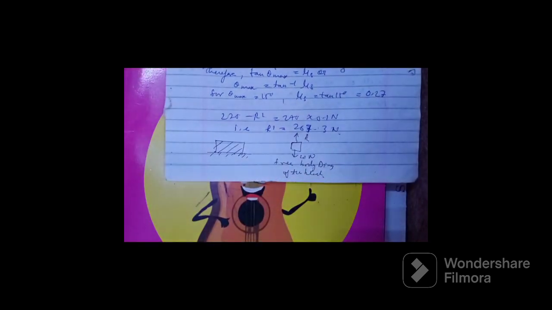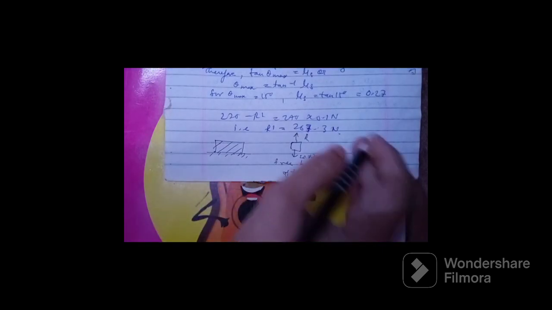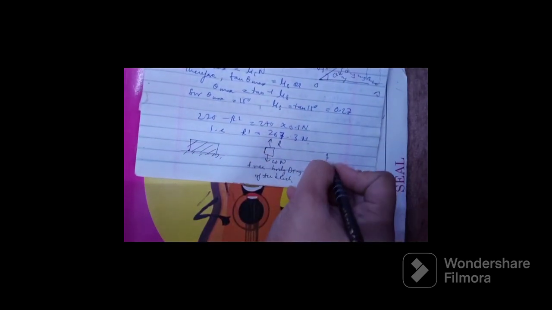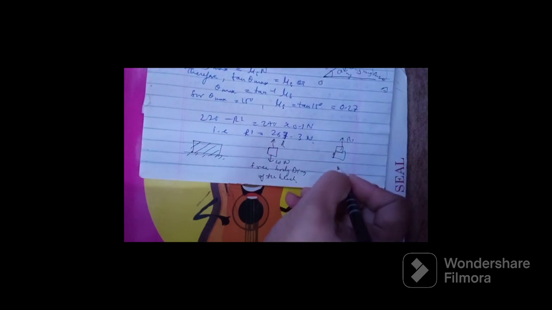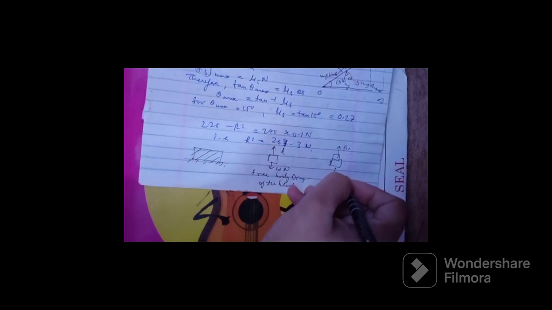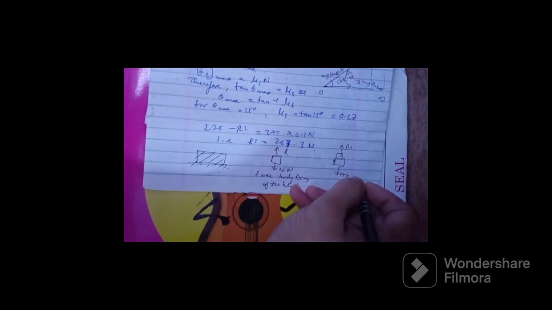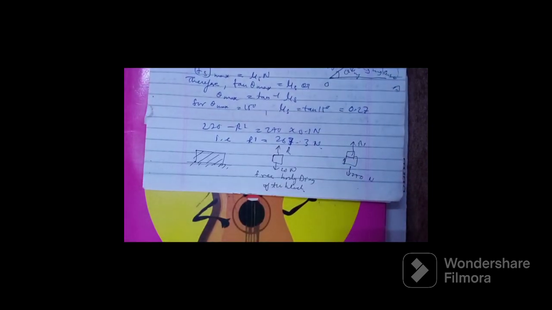Now the free body diagram of the block plus cylinder has R dash upward and 270 Newton down. So by the third law, the action of the system on the floor is equal to 267.3 Newton vertically downward. Now we discuss another topic, action-reaction pairs, which is of course an important one. So let's go for it.